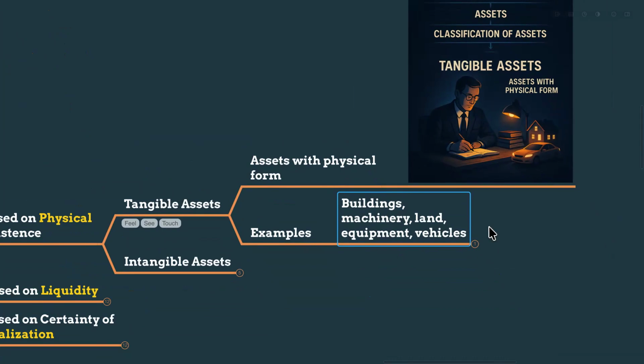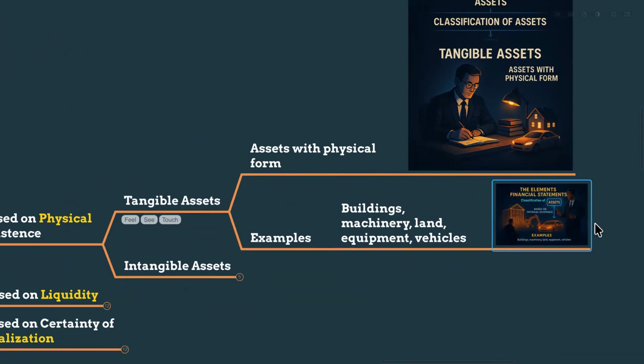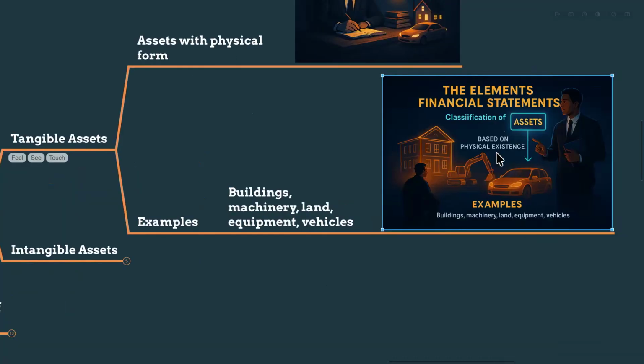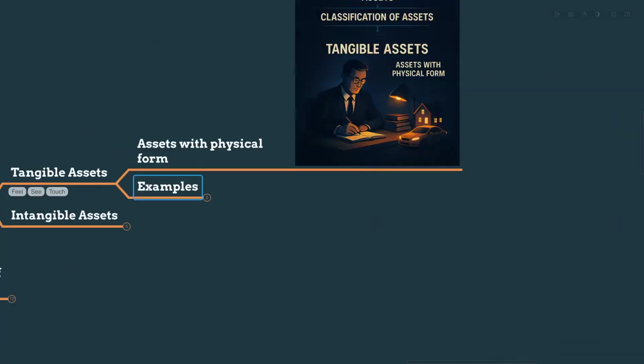Let's say you have a delivery van. You can touch it, you can see it, you can feel it. You have your building, the shelves in your shop, all are tangible because you can physically touch them, right? So the vehicles, the machineries, the buildings, everything is a tangible asset.